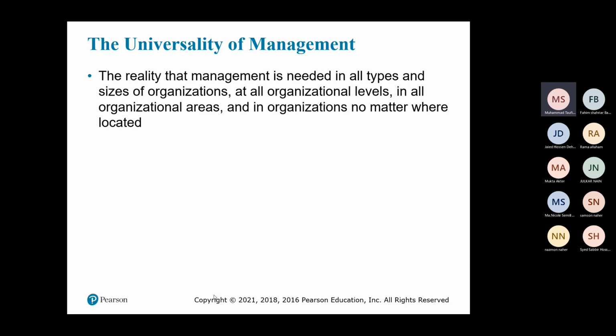It means that management is needed whenever you have an organization. Whether your organization is big, small, a non-profit organization, or a profit organization, all organizations need management. So this is what we call the universality of management.